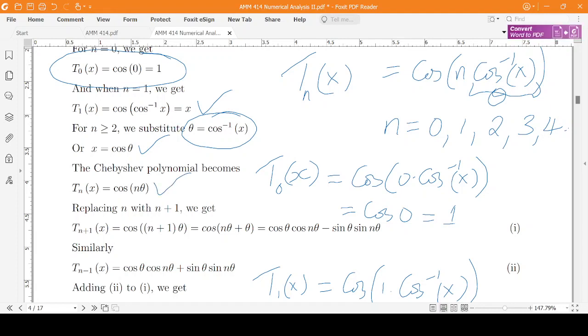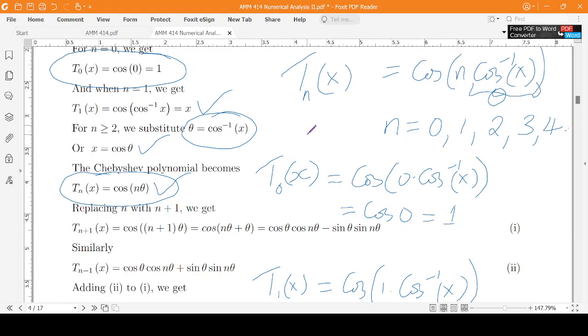And now we shall be looking at the expansion of cosine of n theta. And this is where our previous expansion comes in, because we had looked at the expansion of cosine of n theta into powers of cosine of theta.